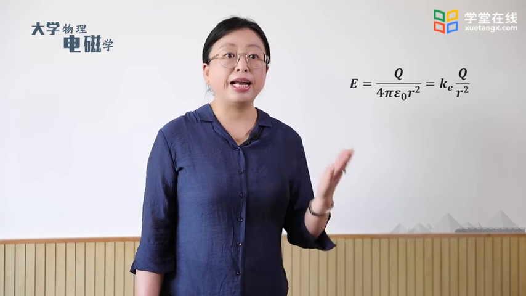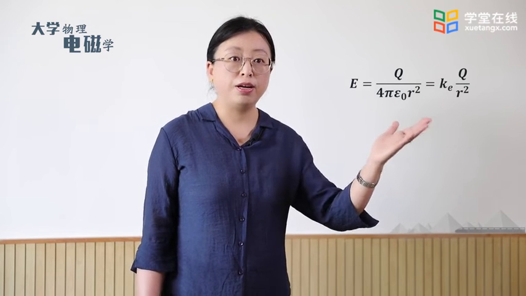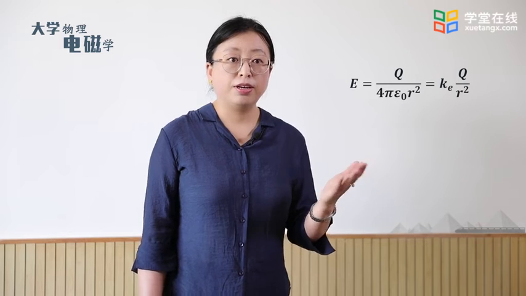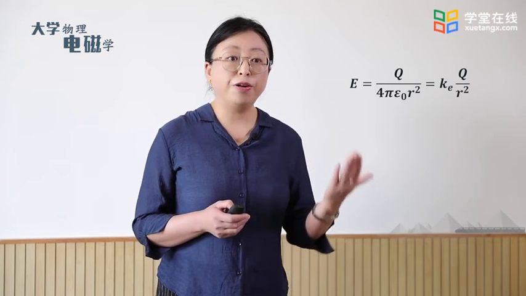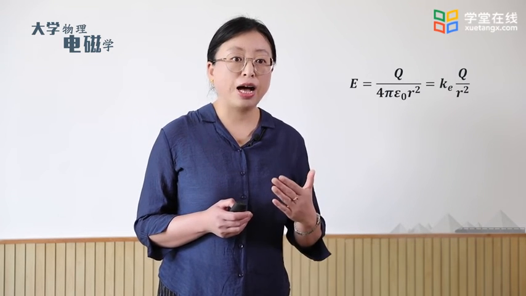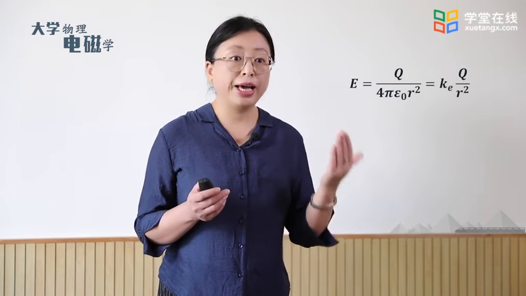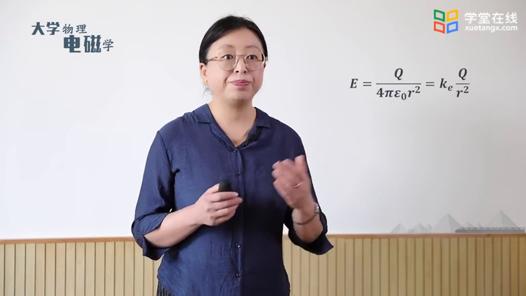We solve for E, and it's expressed by this equation. This field is identical to that of a point charge. The electric field due to a uniformly charged sphere in the region outside the sphere is equivalent to that of a point charge located at the center of the sphere.